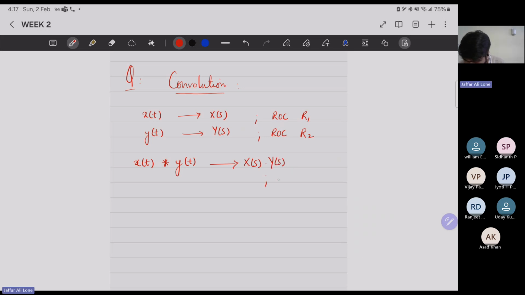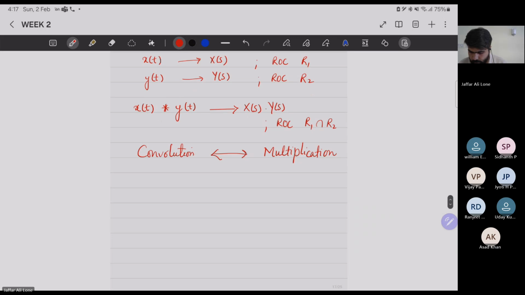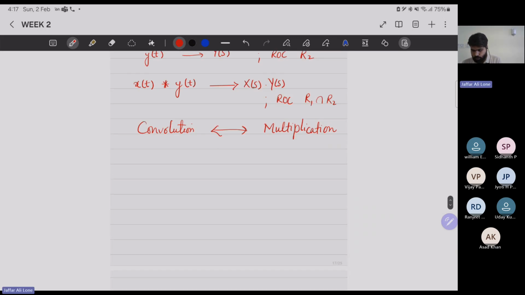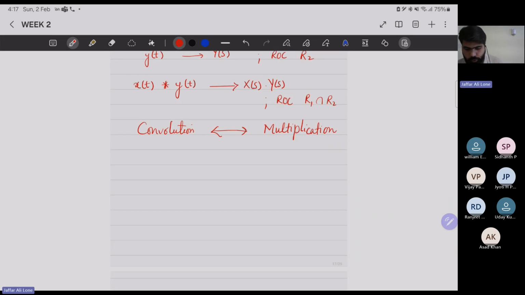And the ROC will be R1 intersection R2, right? So convolution in the time domain corresponds to multiplication in the S domain. Okay, so this is a very important property.